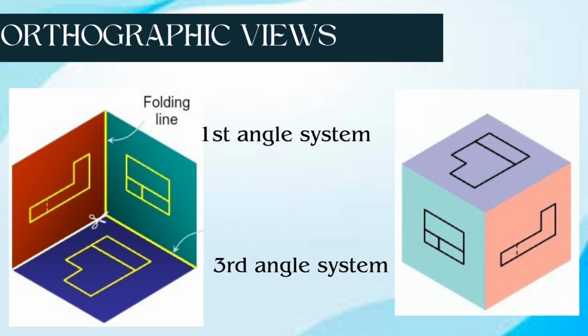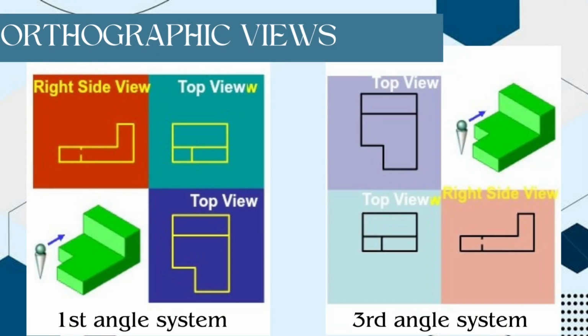This is the folding line, and we need to cut it here. When you open or cut this, it is going to be like this. This is the arrangement of views.